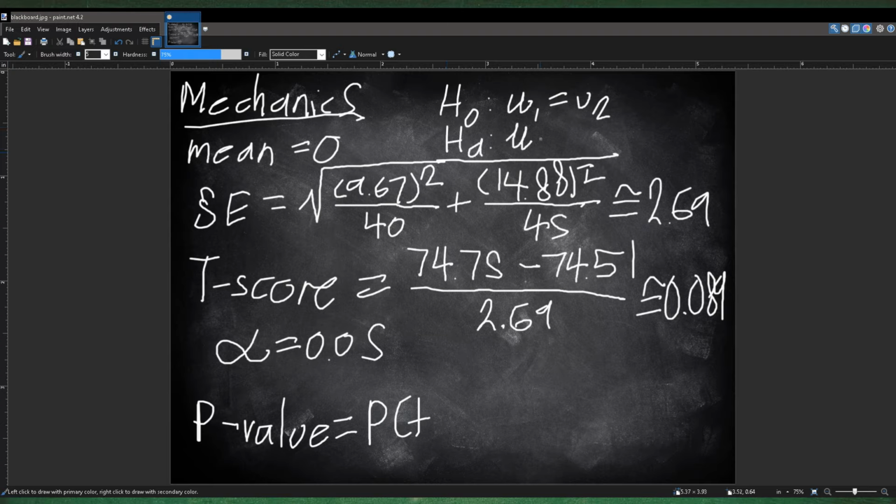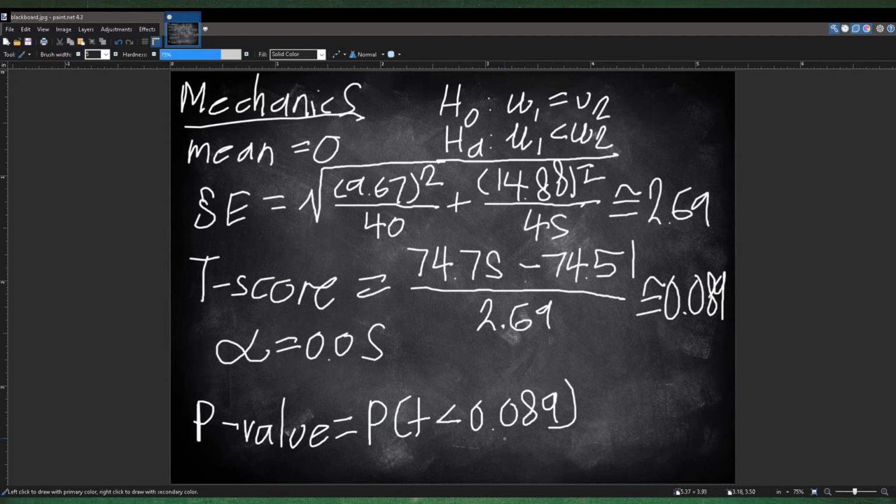The question is asking if student 2 is better than student 1, so U1 is less than U2. So we have to say if t is less than 0.089, right? Because if U1 is less than U2, then the difference becomes negative, right? So we just put whatever the sign is. You always just put that sign.